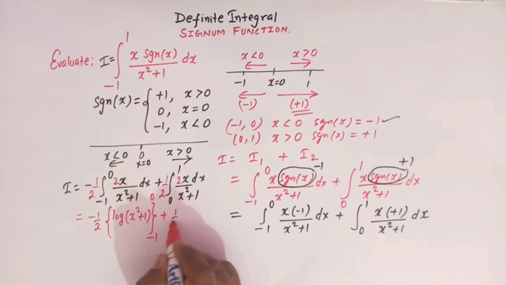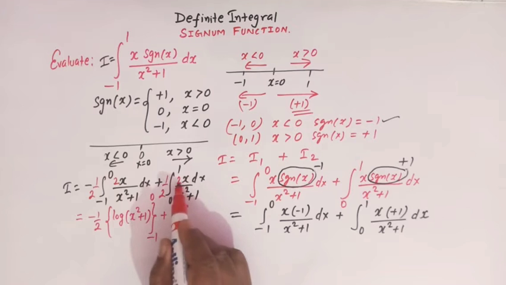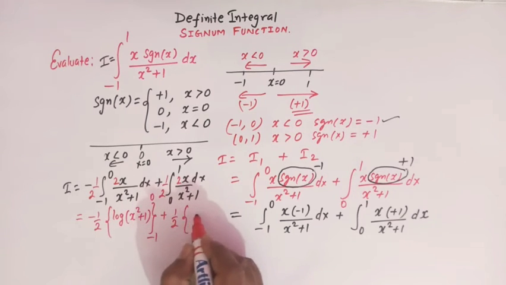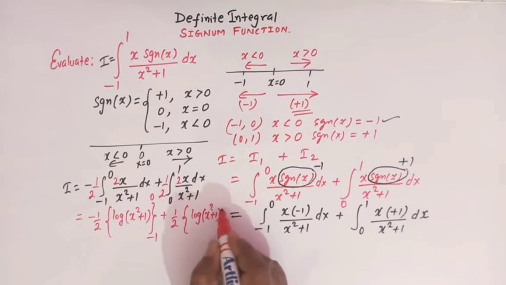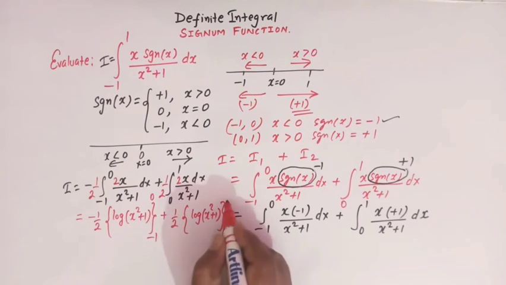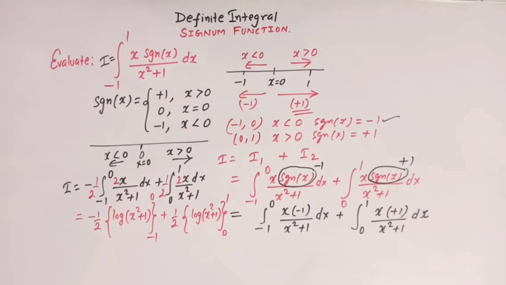And here also we have half, and the integral of 2x over x square plus 1 is the log of x square plus 1, and the limits of integration are from 0 to 1.